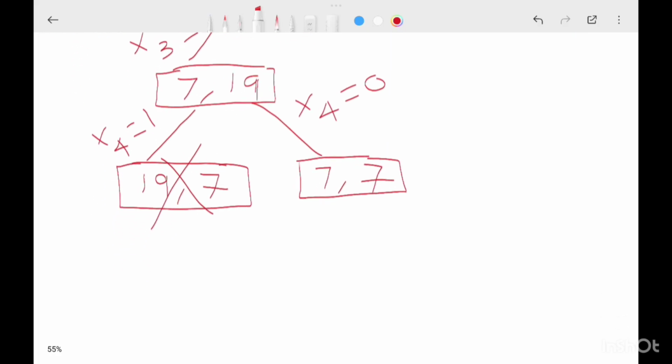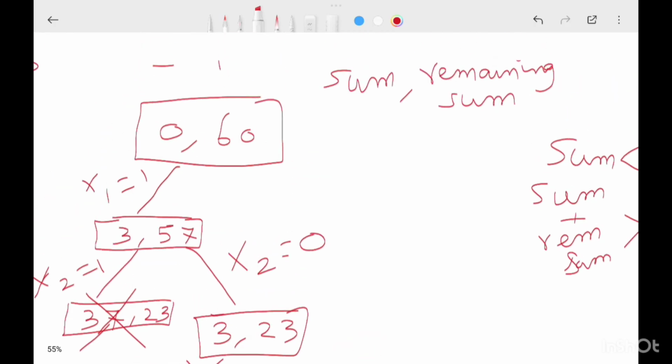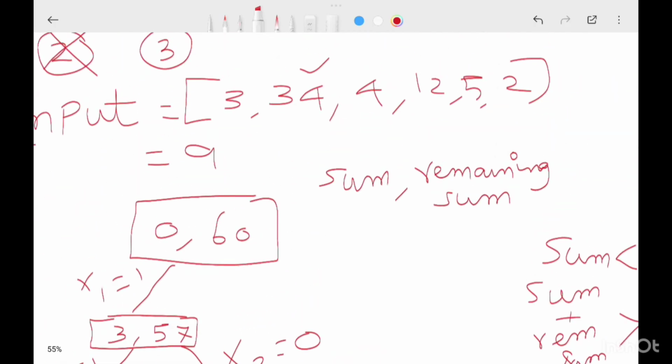From this I am moving to the next state. Next, I am adding the fifth element to our result set. The fifth element is 5.